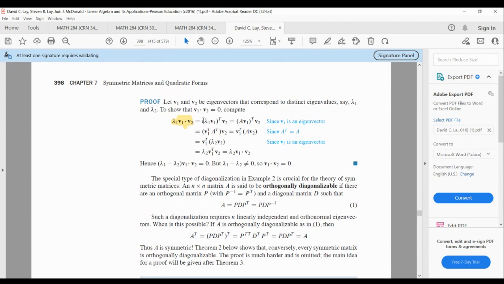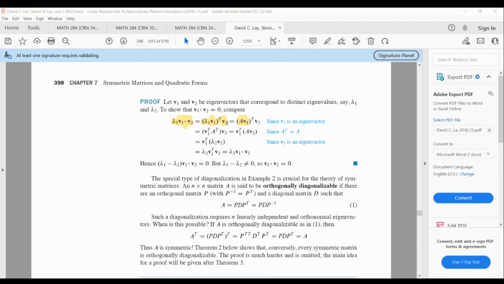That can be written as lambda 1 V1 transpose times the vector V2. And lambda 1 times V1 equals A times V1. So lambda 1 times that dot product equals the transpose of A V1 times V2.